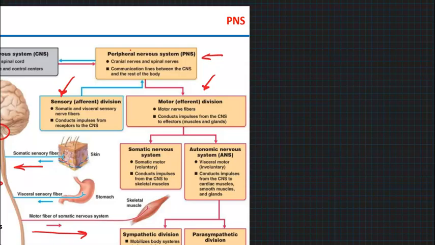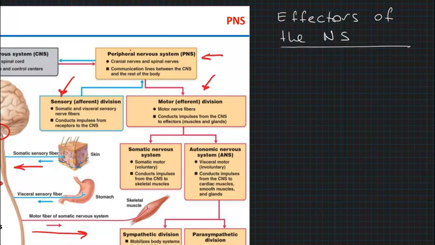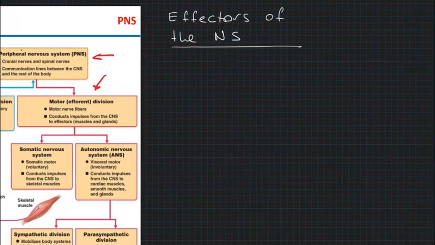Does anyone remember? Effectors of the nervous system. Muscles and glands. But we have three different types of muscles, which are smooth, cardiac, and skeletal, right?